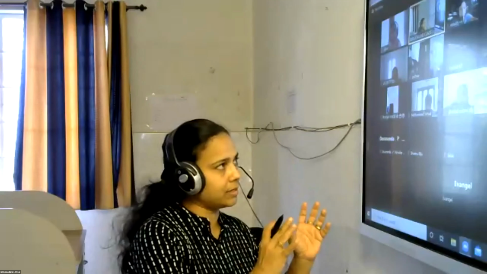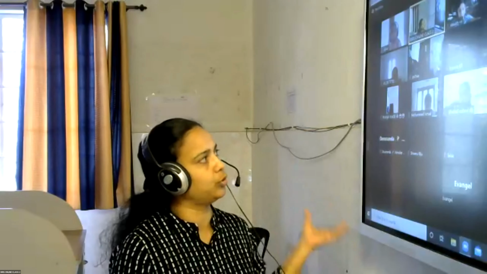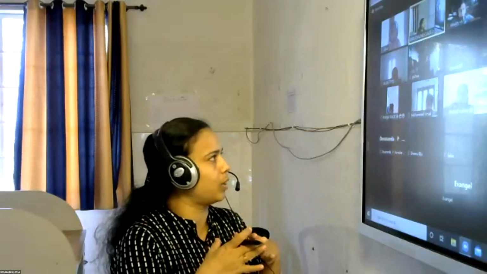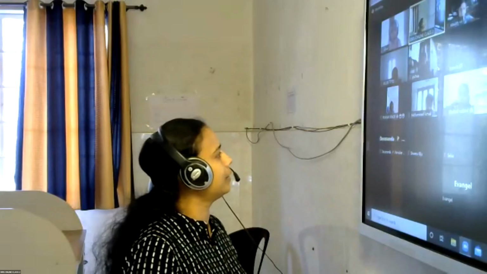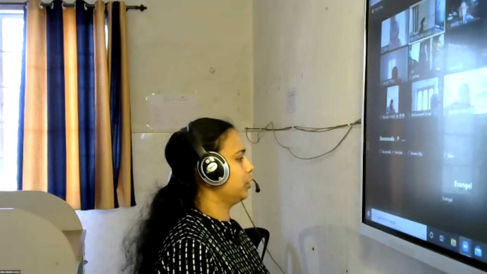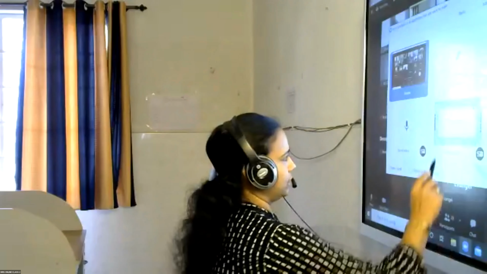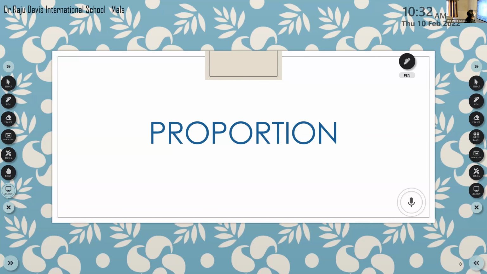Like this ratio, we are going to take one more ratio. If two ratios are equal, then we say that they are in proportion. So children, we learned what is proportion. Proportion means what?